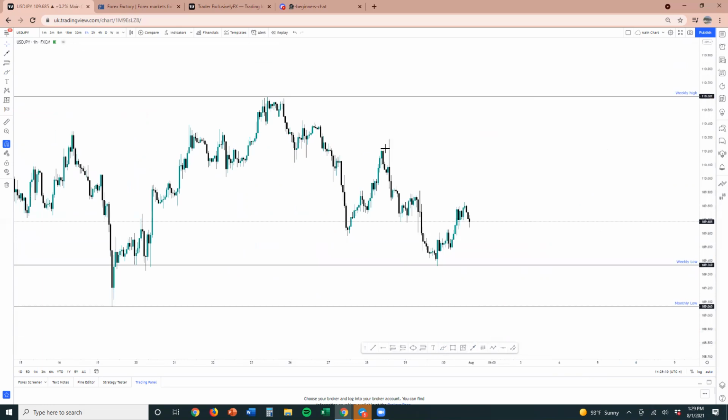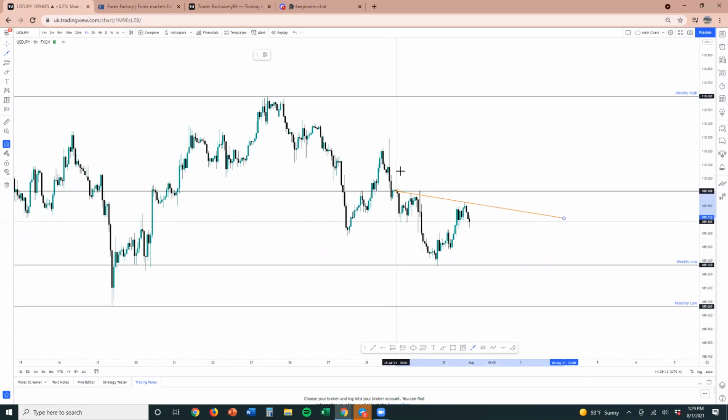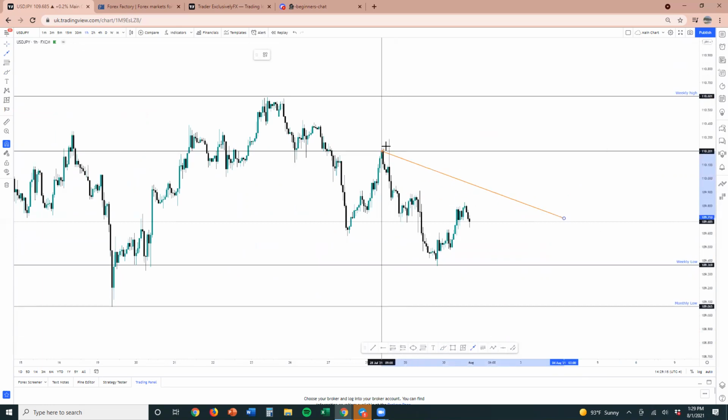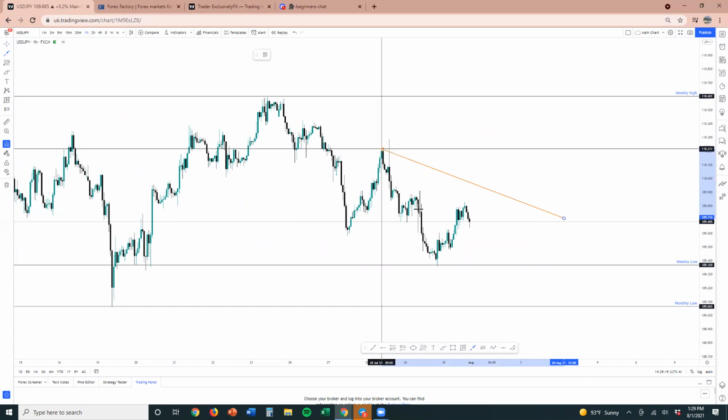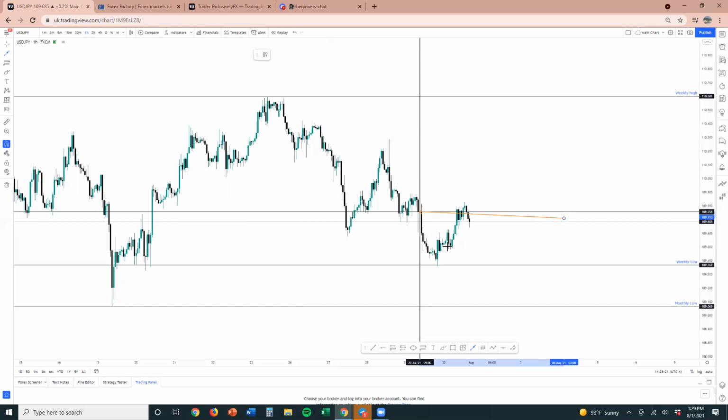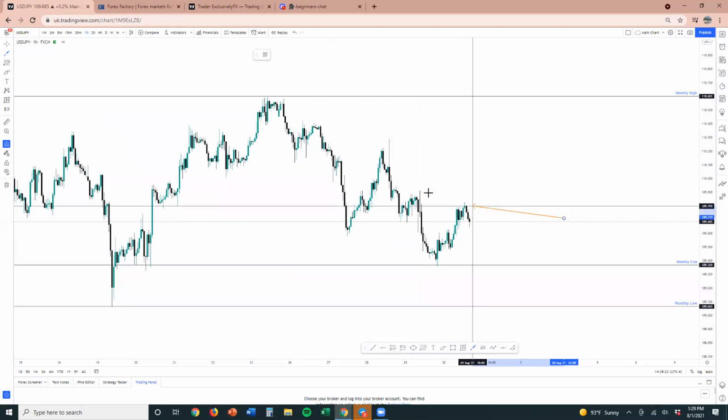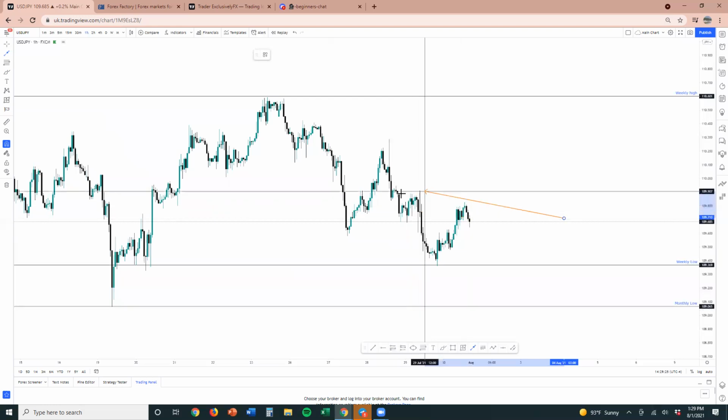This wick was FOMC news. So with FOMC, we took out this previous order block and all of the liquidity that rested in between here. And with these low structures being formed, although we did reject it, this wick here took all this previous liquidity out.